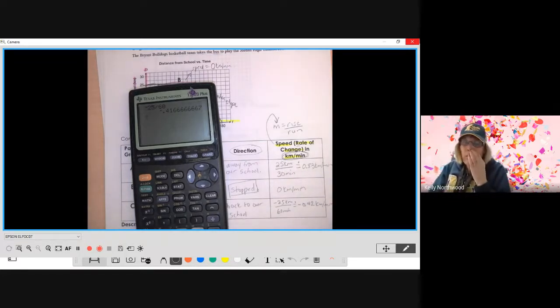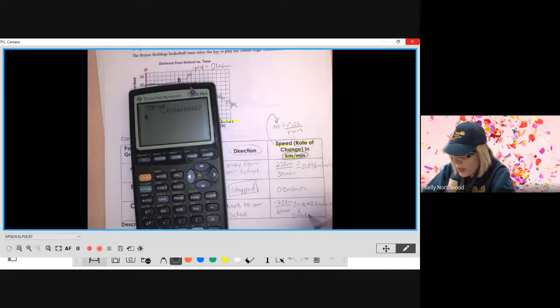But one thing we don't talk about is having a negative speed. So really it's 0.42 kilometers per minute towards our school, okay?